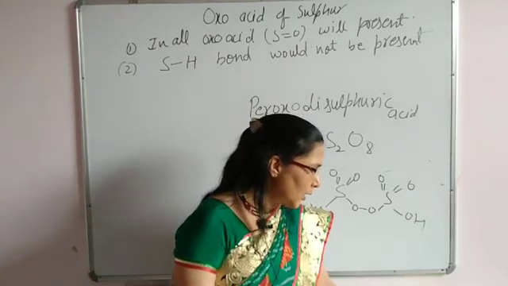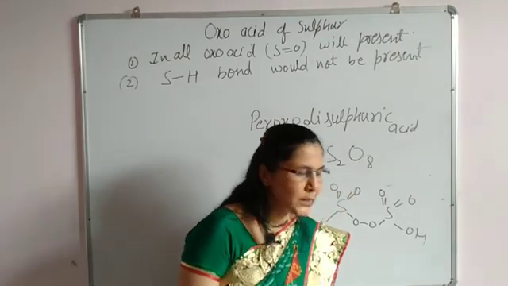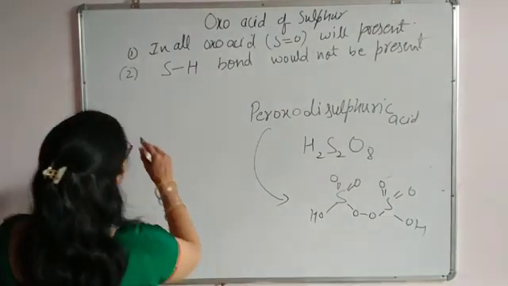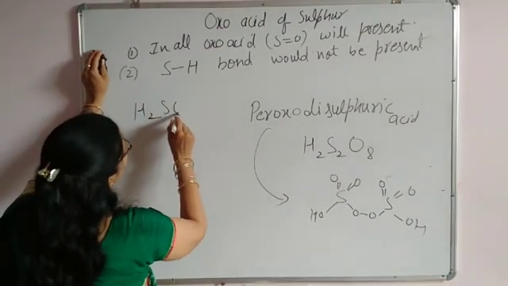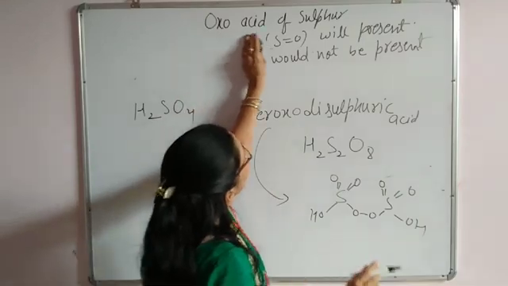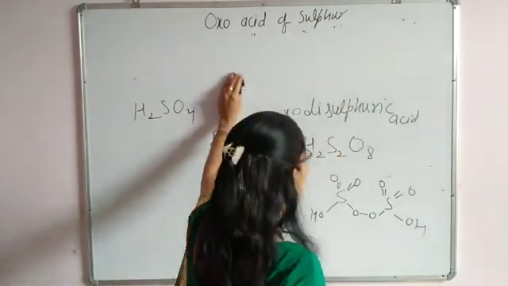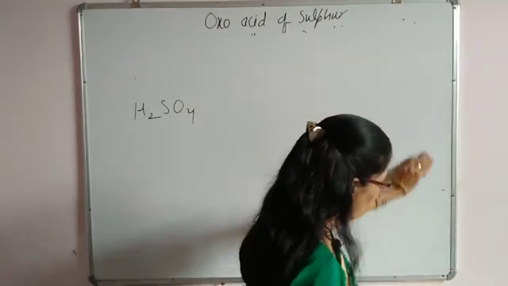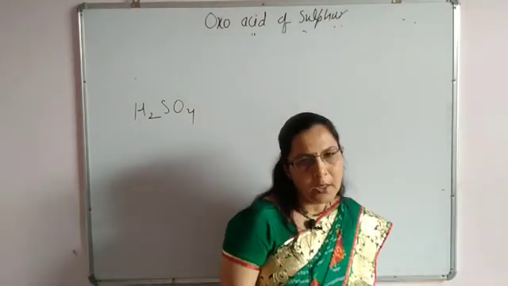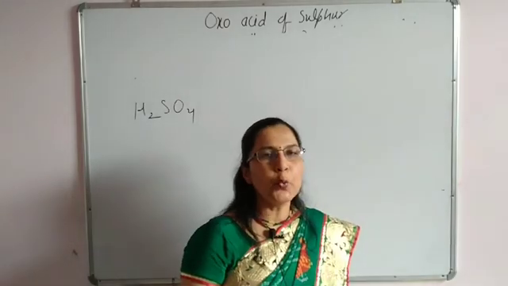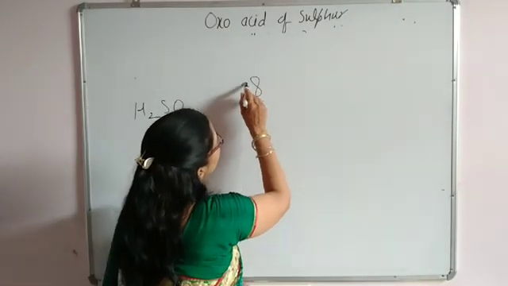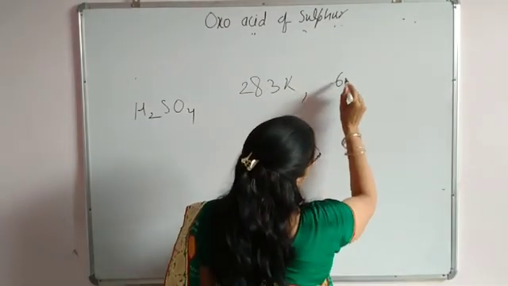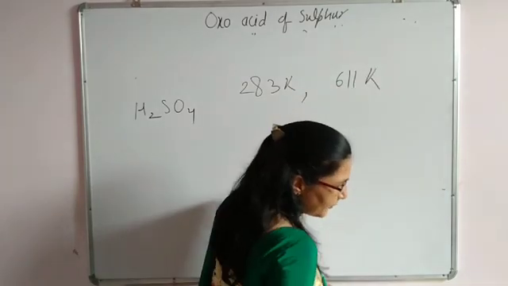Now the properties of sulfuric acid are again in your syllabus. Sulfuric acid is H2SO4. Physical properties: it is a colorless, dense, oily liquid. Its freezing point is 283 Kelvin, and its boiling point is 611 Kelvin.